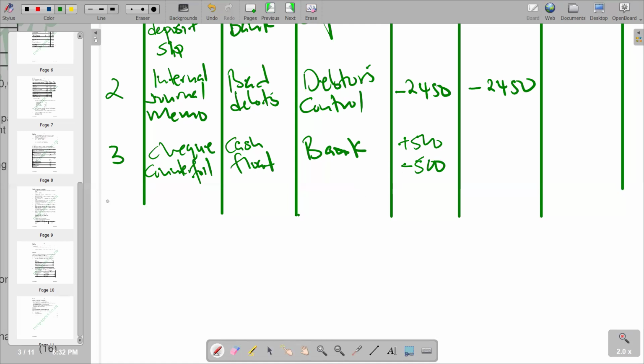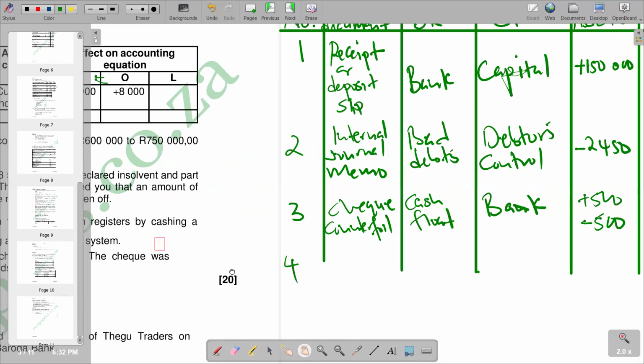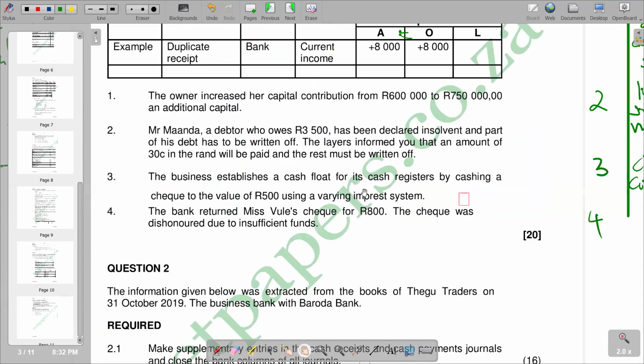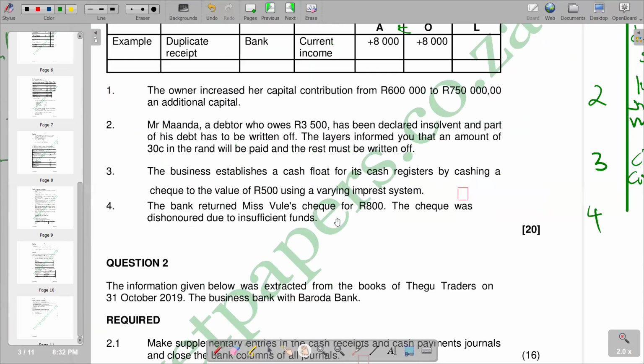Then we are looking at item 4. Under item 4, the bank returned Miss Vule's check for 800 rands. The check was dishonored due to insufficient funds. Remember when this check was originally issued, it was already recorded in the books, so we need to reverse the recording that we've done.